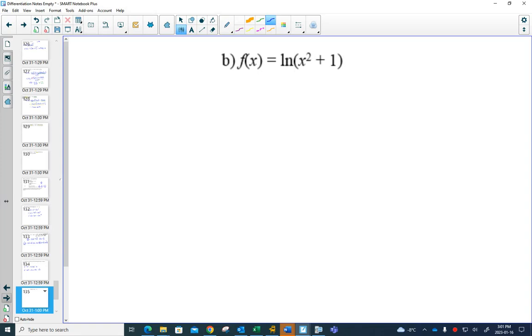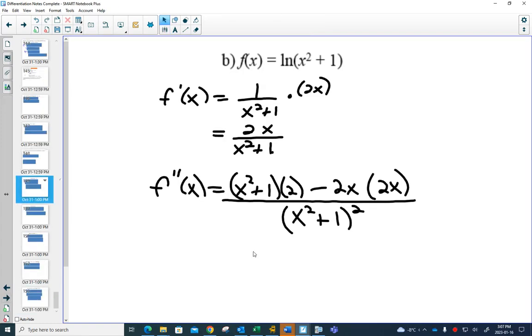I will let you try B, C, and D. I will put up the answers in a bit. Our second derivative. So the first derivative is a chain rule, and then I wrote it as a fraction.